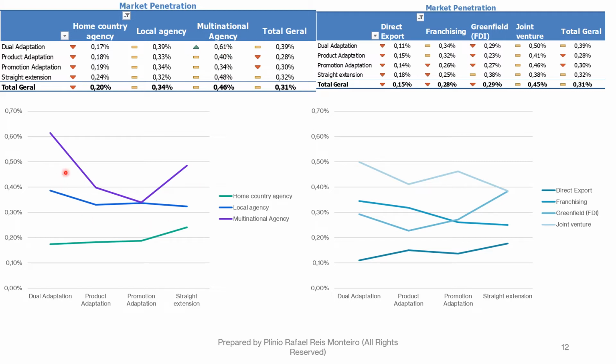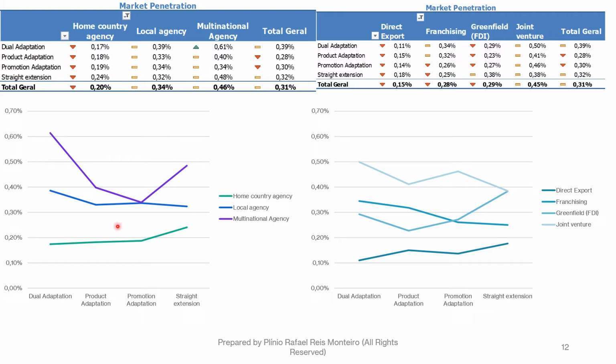This is what you see here in the trend. For instance, dual adaptation with a multinational agency is really high, and you have a reduction on that. And for promotional adaptation, there seems to be no difference between the multinational agency and the local agency. And with the strafe extension, the multinational agency achieved somehow a better performance compared to the other ones.